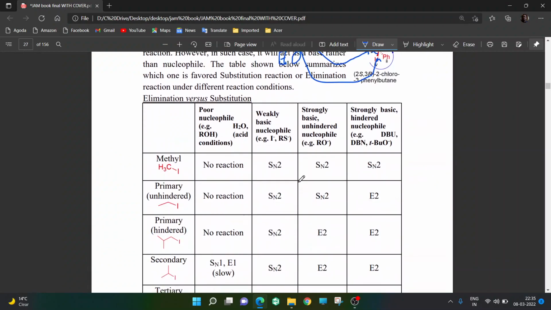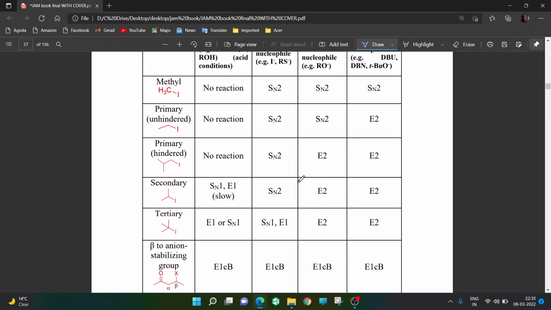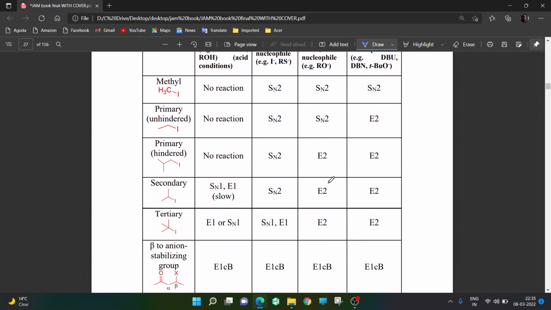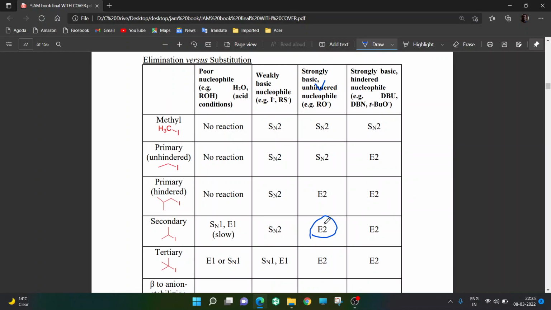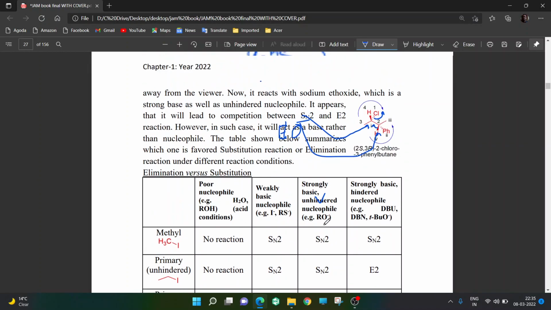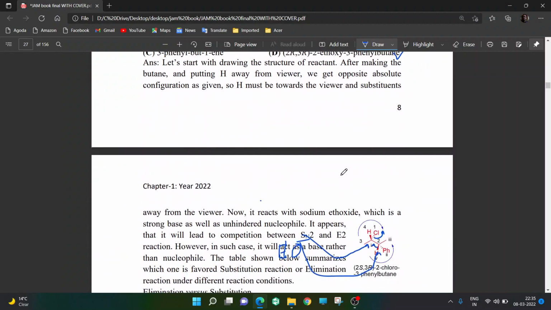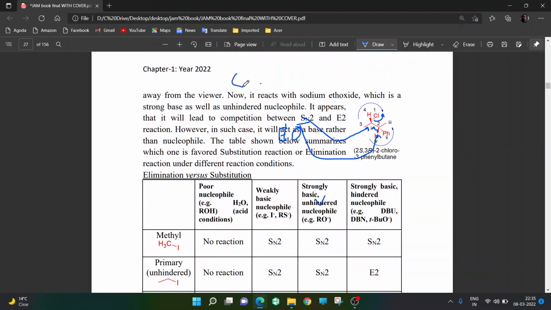So it's a small table, I took it directly from Clayden, which says what happens if you have something like this, a strongly basic unhindered nucleophile, and then on a secondary system it will undergo SN2 or E2 reaction. It doesn't undergo SN2, it acts as a base, not as a nucleophile. Another way to understand is this: in OEt minus, oxygen has the negative charge.